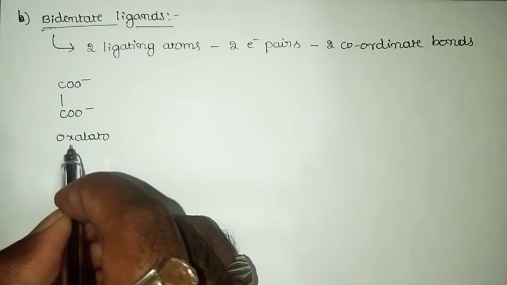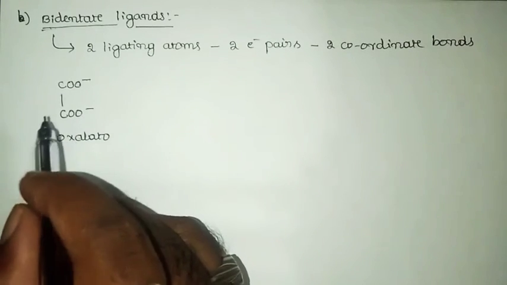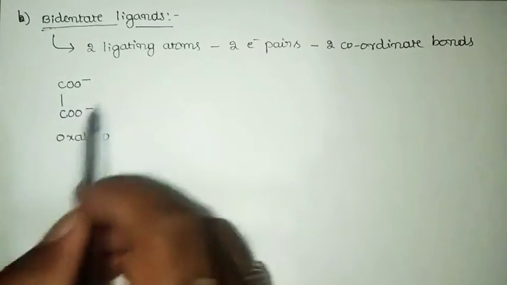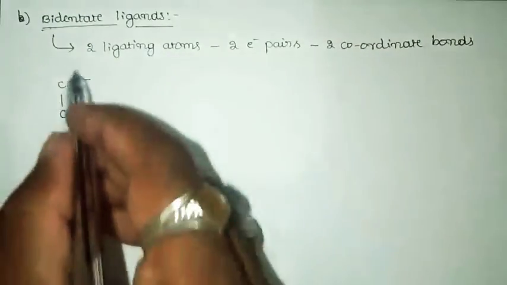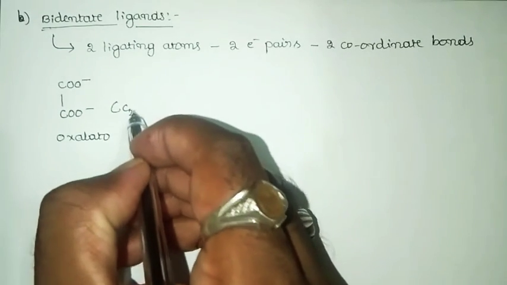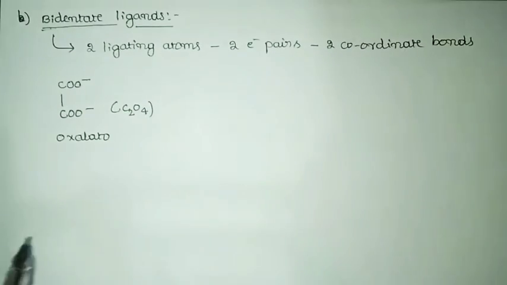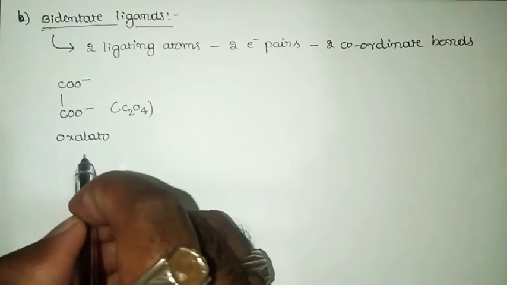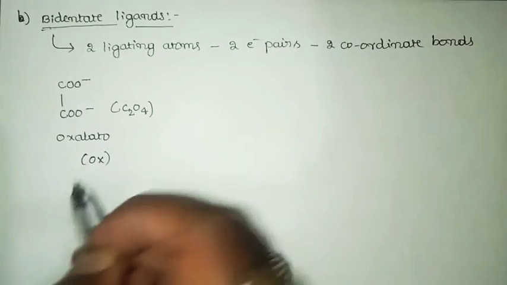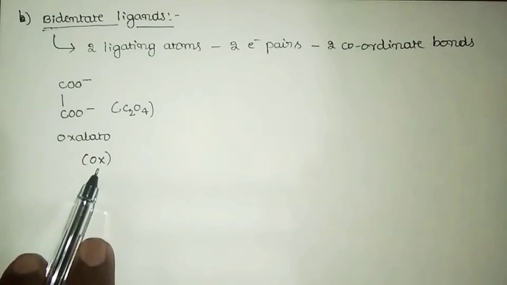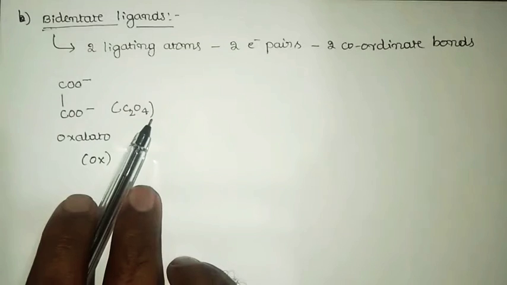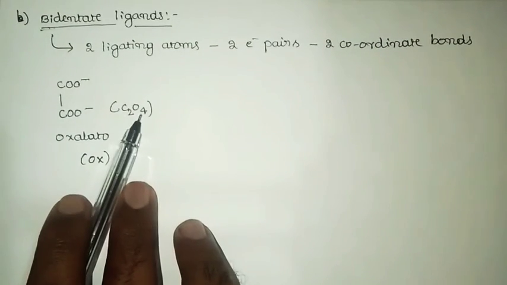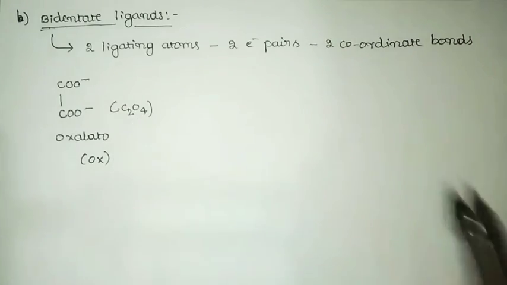But for convenience of writing the formula of a coordination compound, instead of writing this complete formula, we may write C2O4. This is the condensed way of writing the oxalato ligand, or else we can write it as OX. OX is a symbol for the oxalato ligand. So once again, this is a negatively charged bidentate ligand.